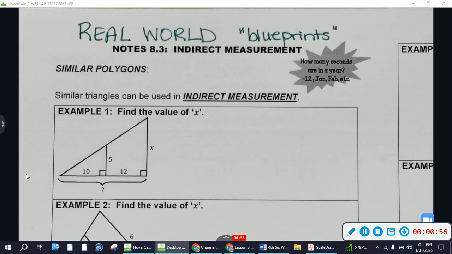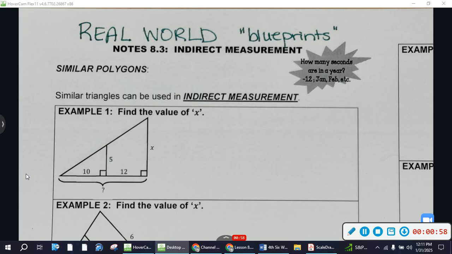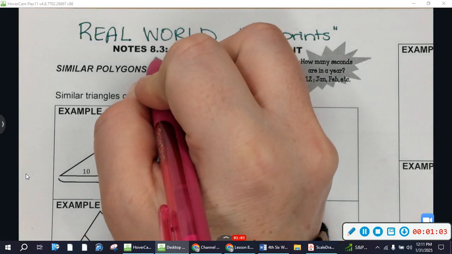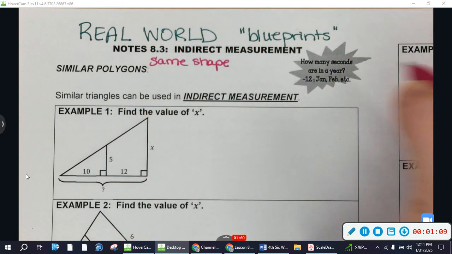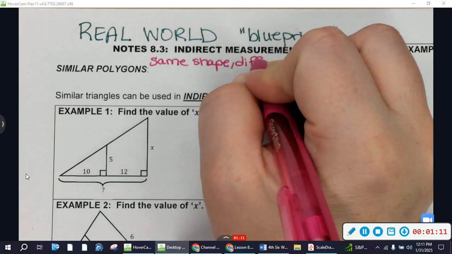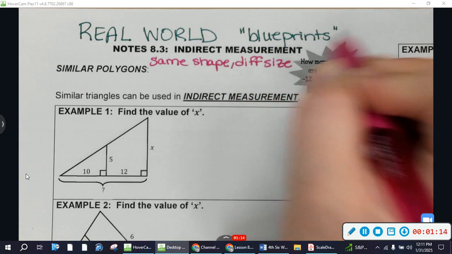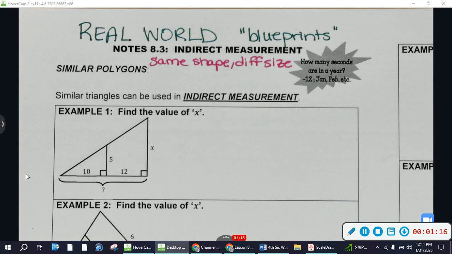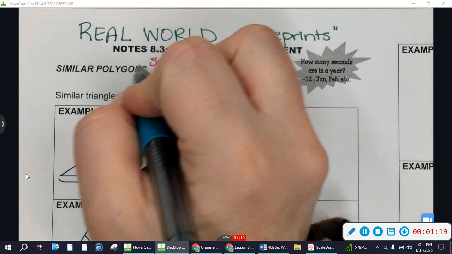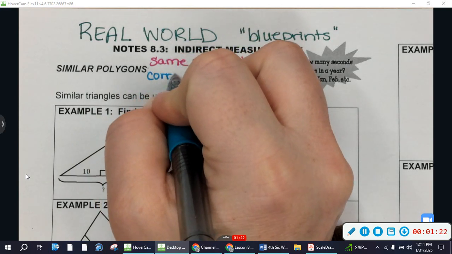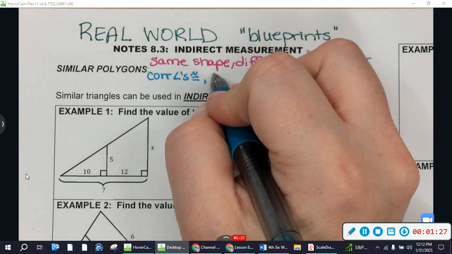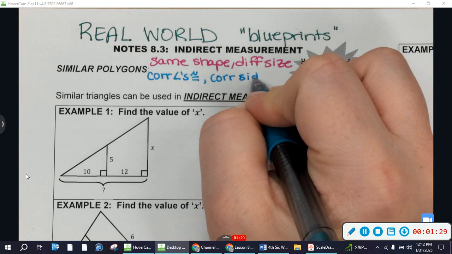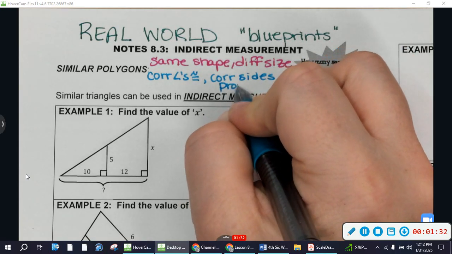whatever they're working on. And so, just as a reminder, we have similar polygons. Those have the same shape, but they have different sizes. So the same shape is where corresponding angles are congruent, and the different size is where those corresponding sides were proportional.